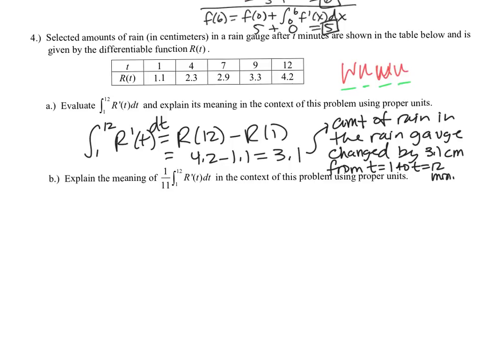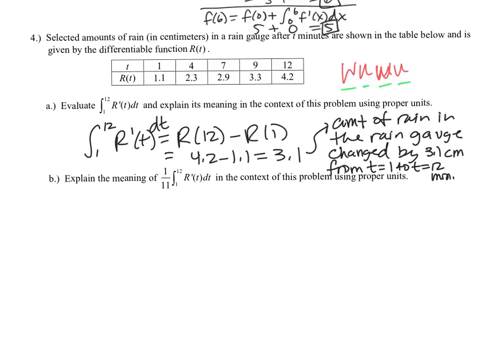Now for part B, I didn't quite ask what I meant to ask, so let's talk about what the question actually asked here, and then we're going to do a follow-up question of what you'll actually see on the test. What I typed here was explain the meaning of 1/11th of the integral from 1 to 12 of r prime of t dt in context of this problem using proper units.